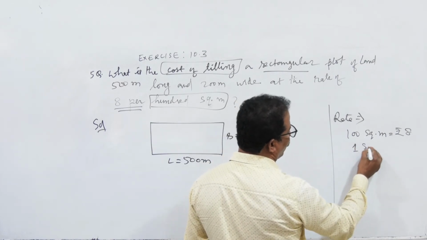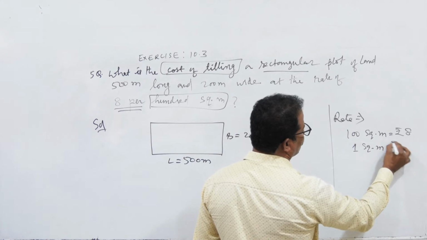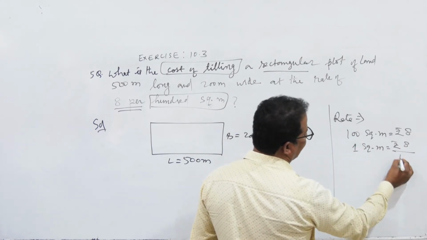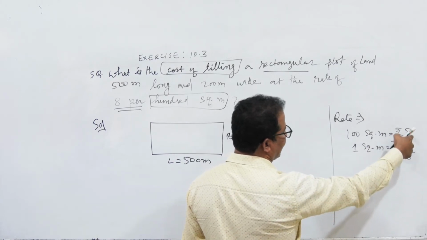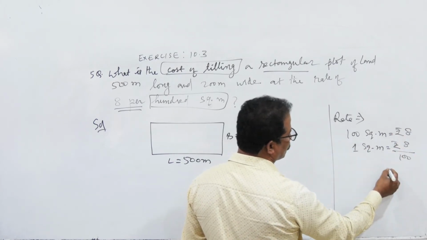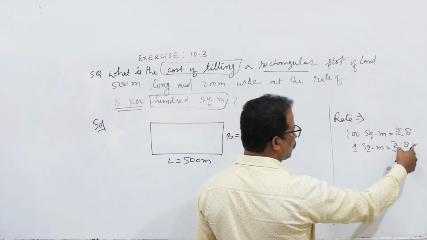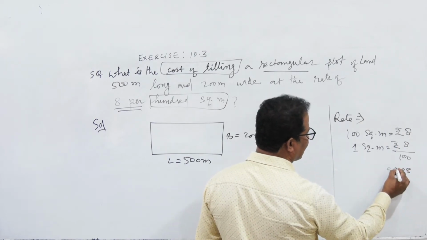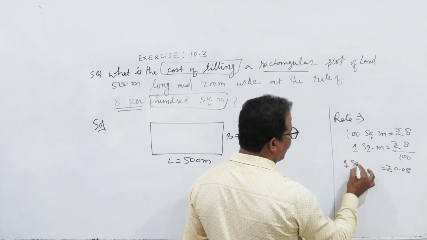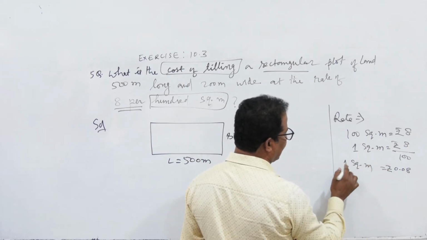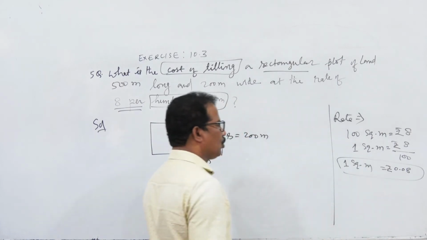So for 1 square meter is equal to, the rate is 8 by 100. So it will go to the denominator of the right hand side for this 8. So 8 by 100. So again if you divide this 8 by 100, we will get a decimal number. So what is the cost here? For 1 square meter the tiling cost is how much rupees?